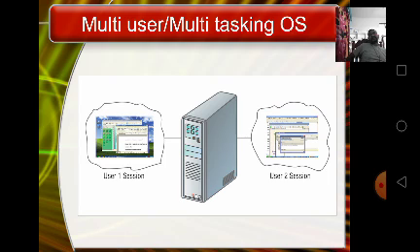Before covering the different types of operating system, we discuss the real-time operating system. Real-time operating systems are often also embedded operating systems. A real-time operating system is very fast and relatively small.